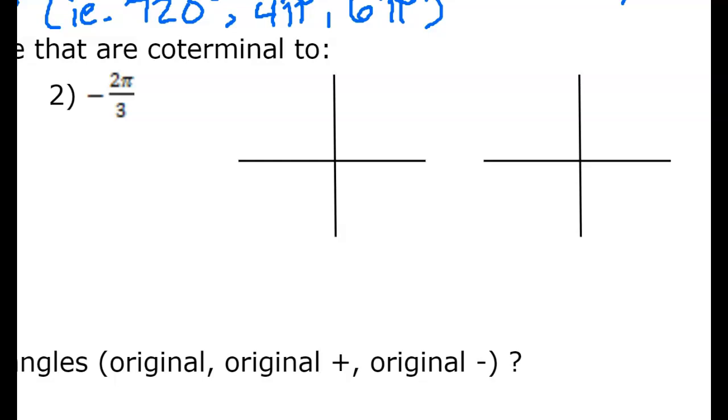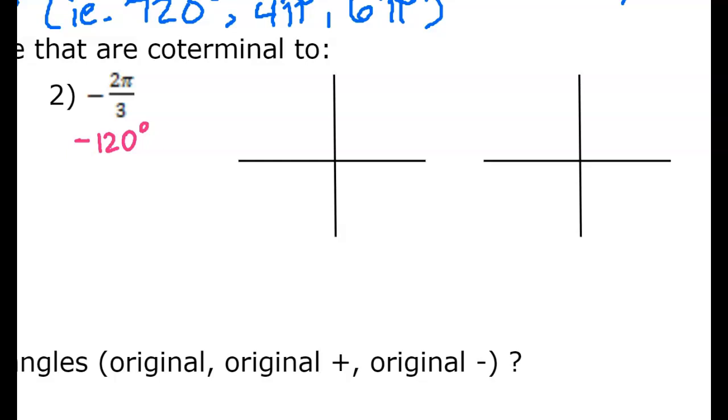Does anyone know how many degrees 2 pi over 3 is? Right, yes, negative 120. It's negative 120 degrees.